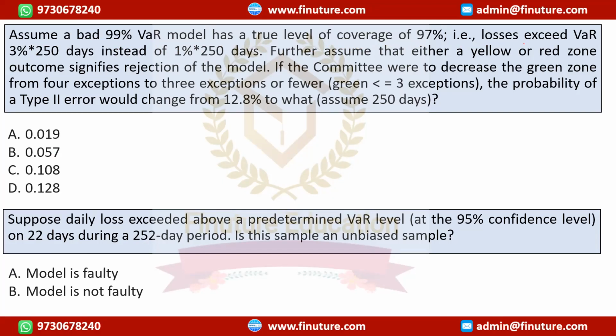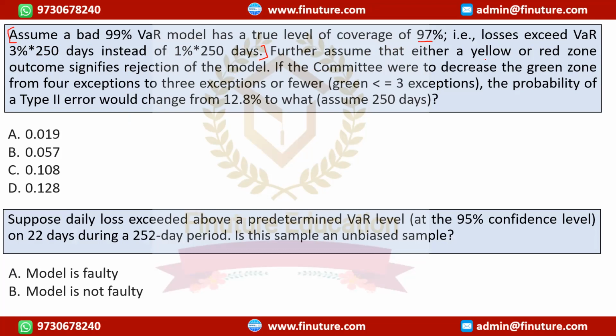That is, loss exceeds VaR 3% of the time. For example, if there are 250 days, 3% of the time of 250 days, your loss will exceed VaR instead of 1%. So eventually, what this statement is saying is that your actual VaR model is a 97% VaR.